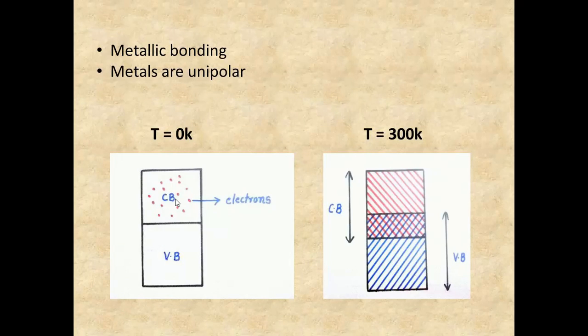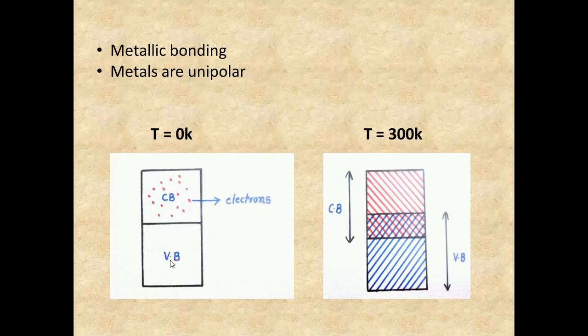Metals have metallic bonding. Metals are unipolar. Now what does unipolar mean? Unipolar means metals allow a single type of charge carrier to flow through them, that is electrons. They allow only electrons to flow through them.